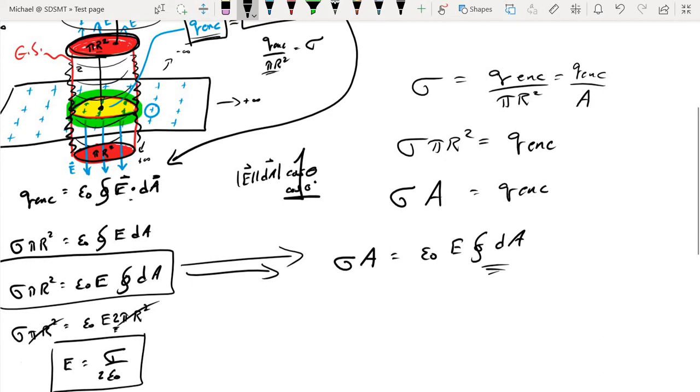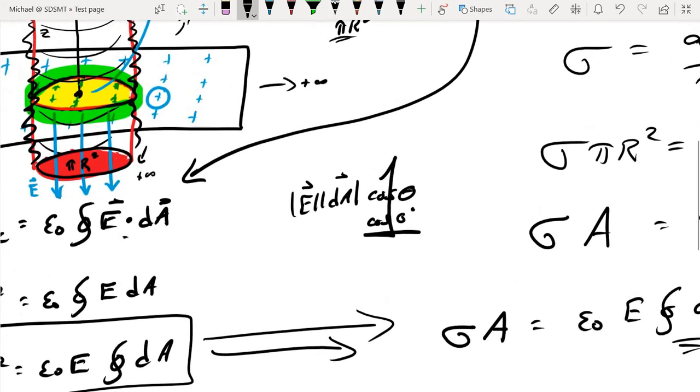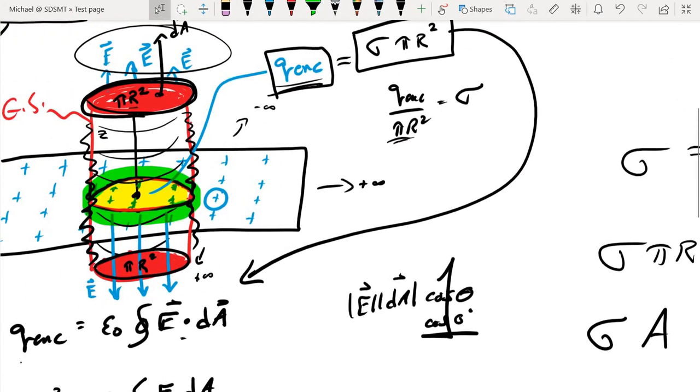Well, how did the surface of our container compare to the cross-sectional area of our sample of charge? Well, they're exactly the same areas.